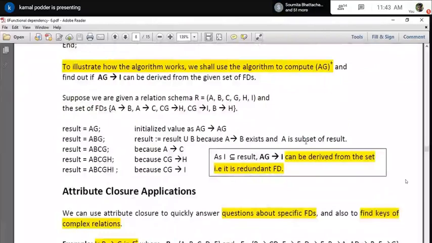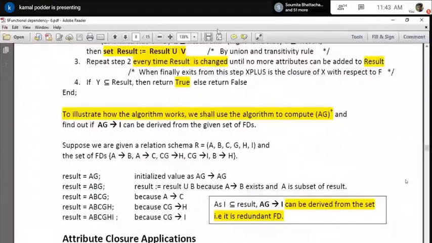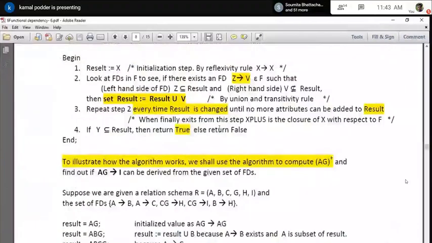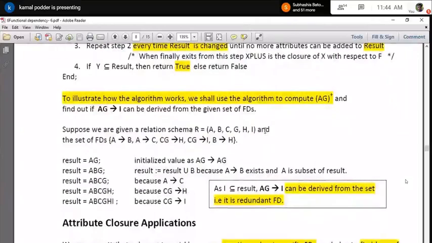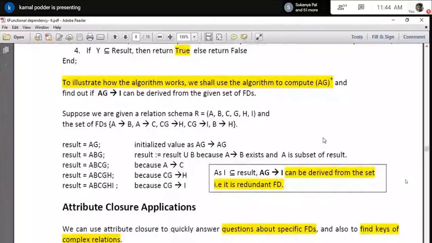Now let's examine that. Actually, this is not a very complicated algorithm, but until you try the algorithm with some example, the total conception will not be clear. Now let's apply it with the help of an example and check how the algorithm works. What is my objective?